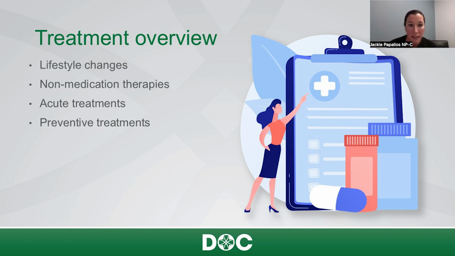We're going to talk about some lifestyle changes, some non-medication therapy options, some acute treatment, which means what we're going to do or take to get rid of this migraine when it starts, and then preventative treatment. So if you have a certain number of migraine days every month, you might qualify for or really benefit from a preventative treatment.